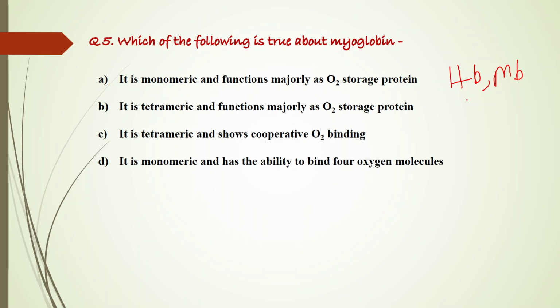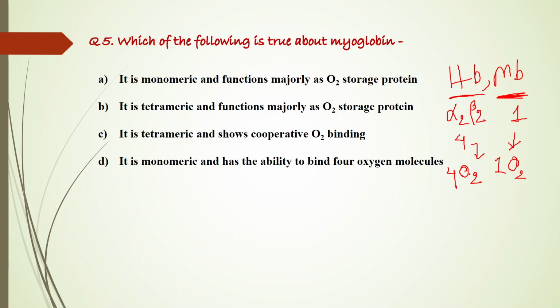Hemoglobin is a tetrameric protein that has 4 subunits, but myoglobin has only 1 unit. So if hemoglobin has 4 subunits, it can bind up to 4 oxygen molecules, and as myoglobin only has 1 unit, it can bind only 1 oxygen molecule.